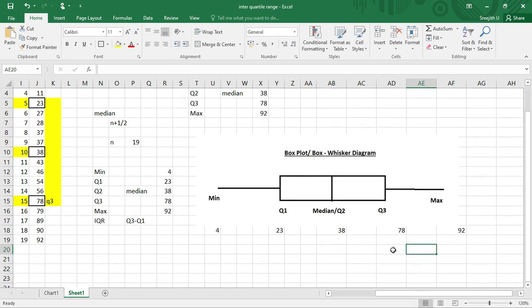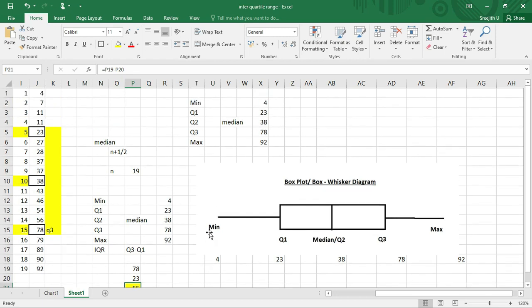And interquartile range is Q3 minus Q1, 78 minus 23, which is 55. So this is your interquartile range. IQR is defined as Q3 minus Q1.